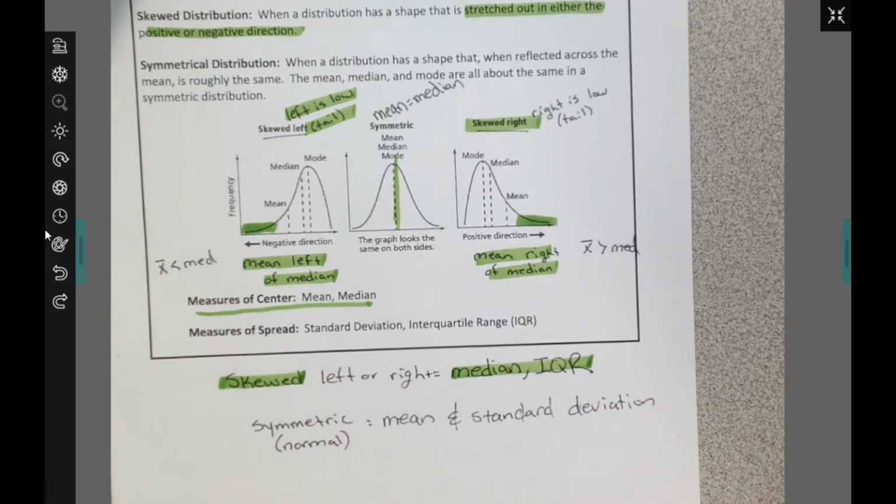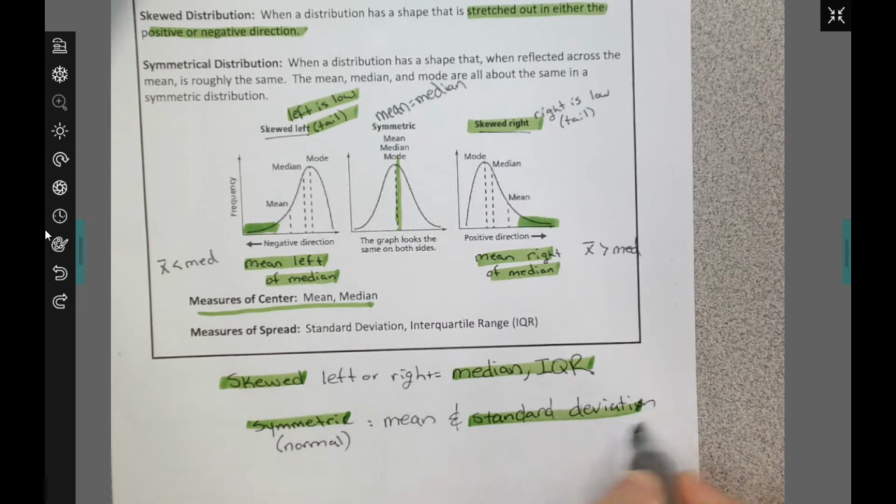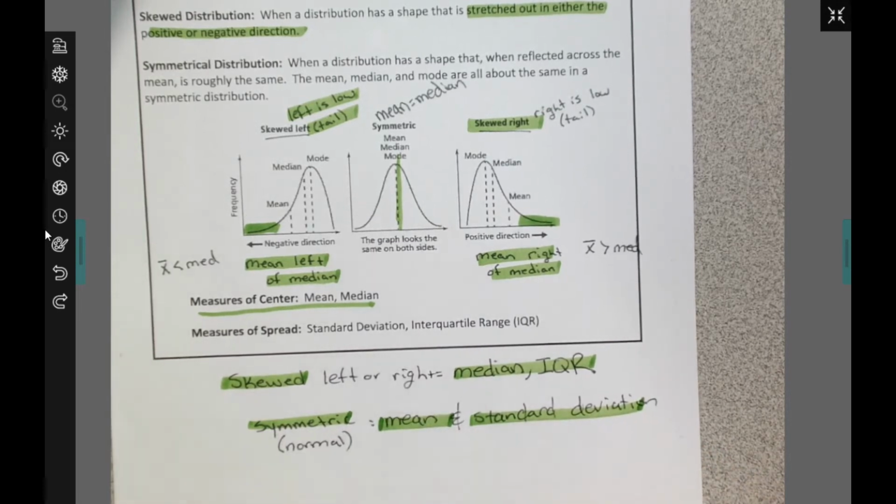Okay, those two are always tied together. If we are symmetric, we're going with standard deviation and mean. Okay, so again, a lot of definitions and facts that you have to remember. That's just something you're going to have to be able to do here.